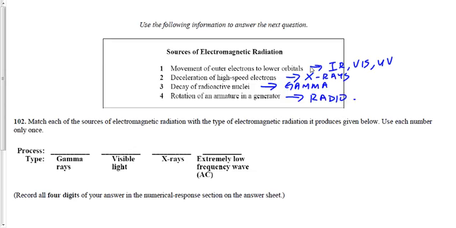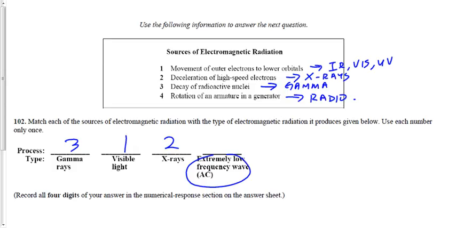All right, so what do we got here? Gamma rays are going to be the third one. Visible light looks like it's going to be the first one. X-rays are going to be the second one. I don't like this term, but we can work around it because, again, we can figure it out by process of elimination. Extremely low frequency wave, that's a radio wave.